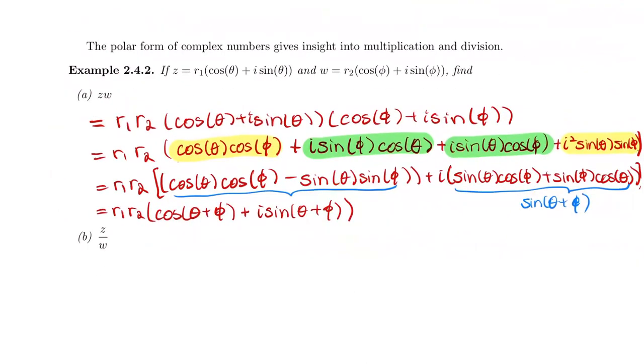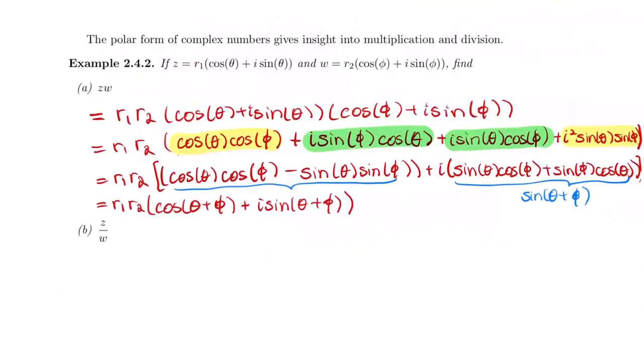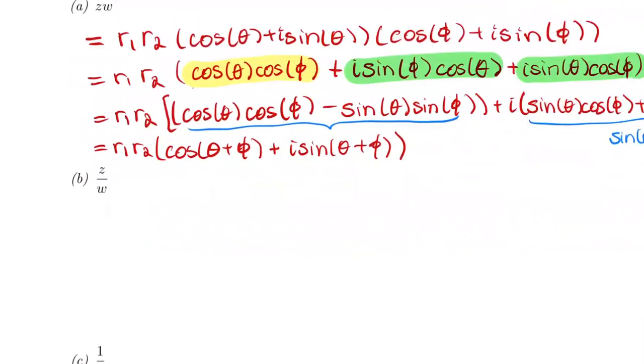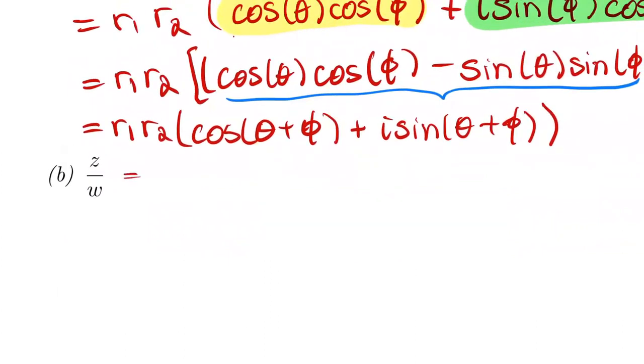All right, so now let's try for Z and W now. Let's see what we can get. Okay, so for Z divided by W, what we actually obtain here. I'm going to do something similar. So I'm going to zoom in. So R1 divided by R2, I'm just going to keep the divisions out. So we have R1, R2.